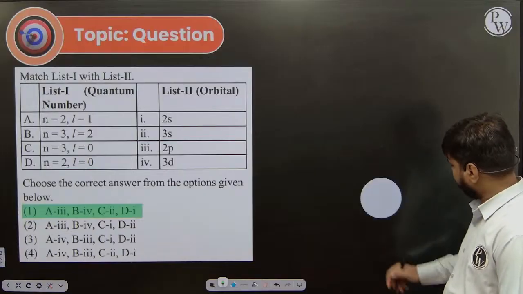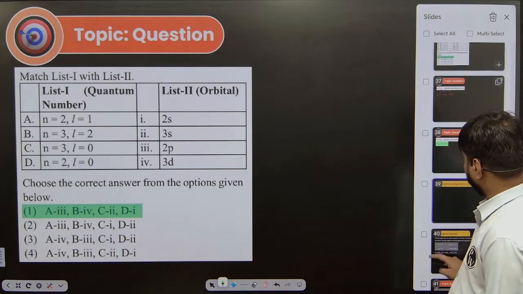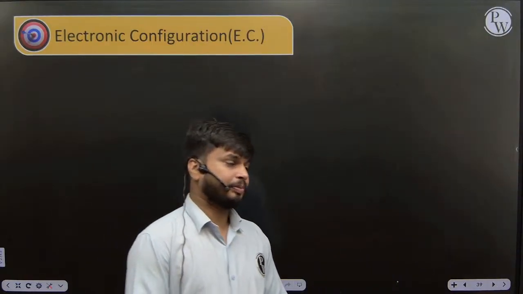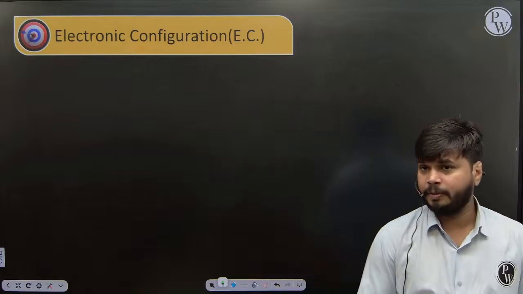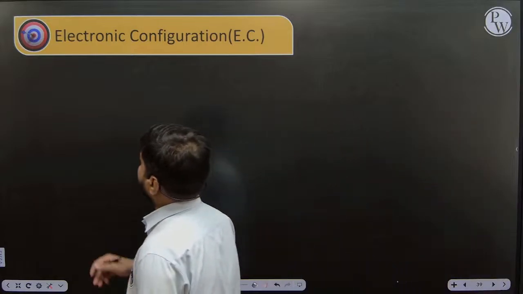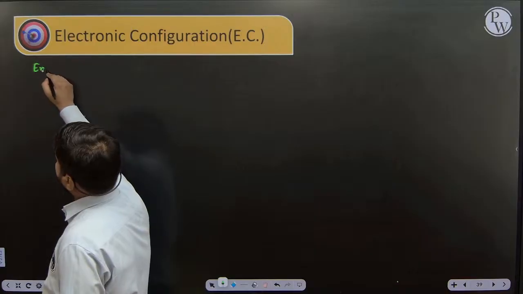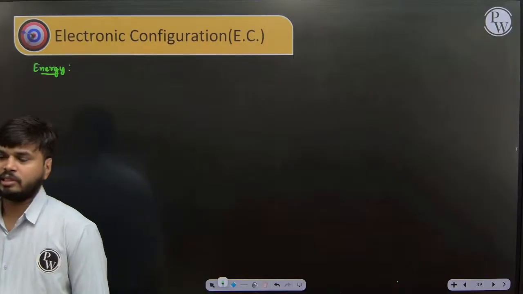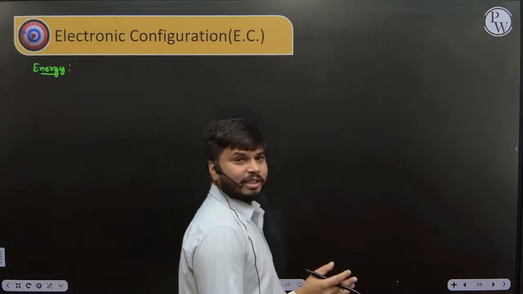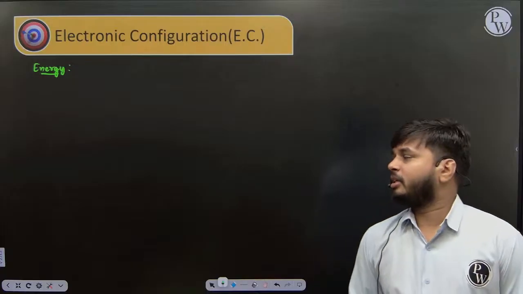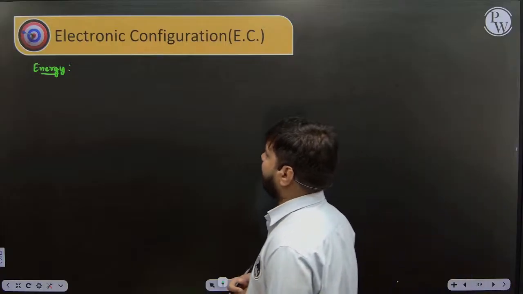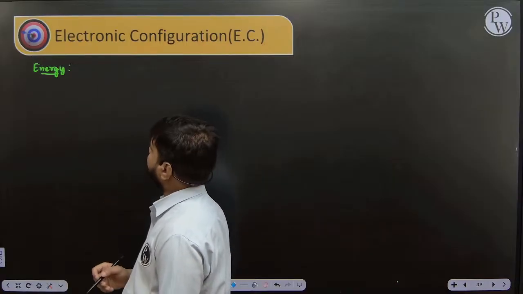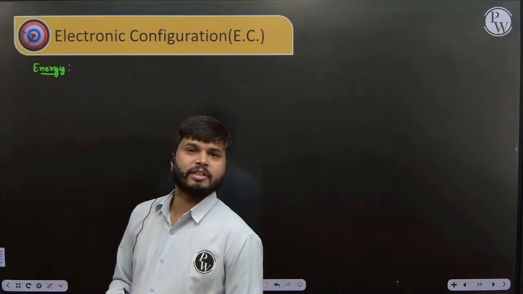They are representing different subshells. If you arrange the subshells in increasing order of their energy, in them we will be filling the electrons. So let's write down the increasing order of energy of different subshells.